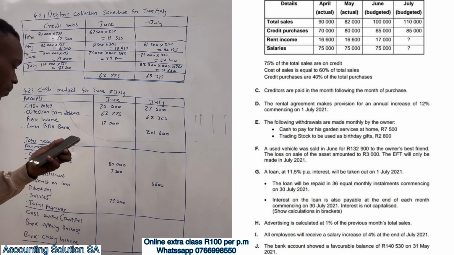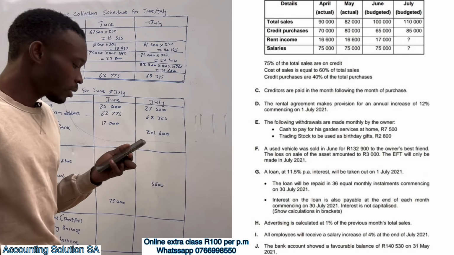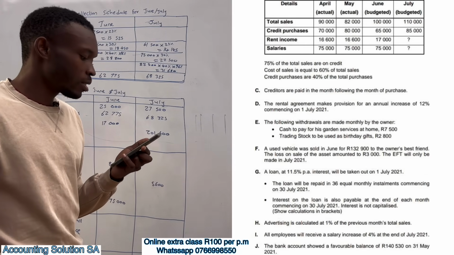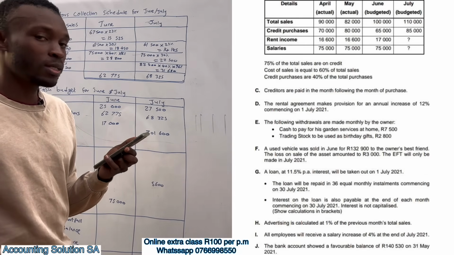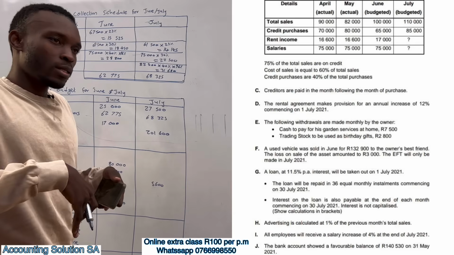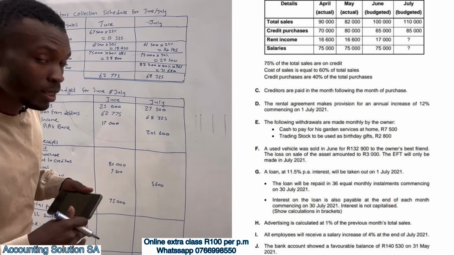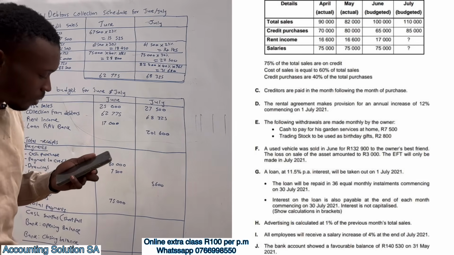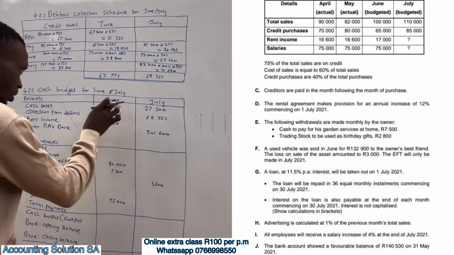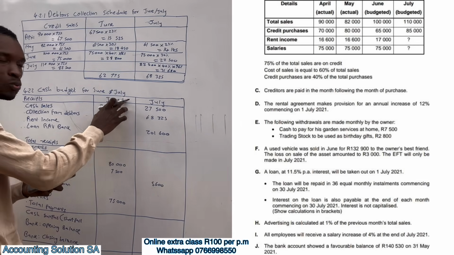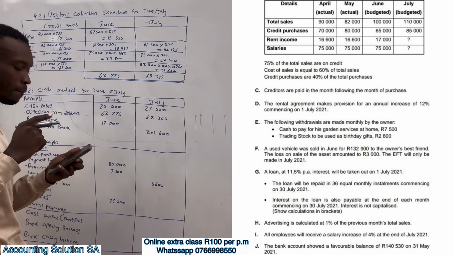Let's go to number C. Number C, they said creditors are paid in the months following the month of purchase. If we purchase now in June, we're going to pay them in July, the following month. Okay, which means that the one that we are going to pay in June, we took them previous month, which is May.